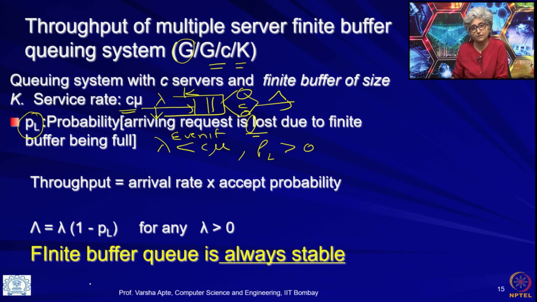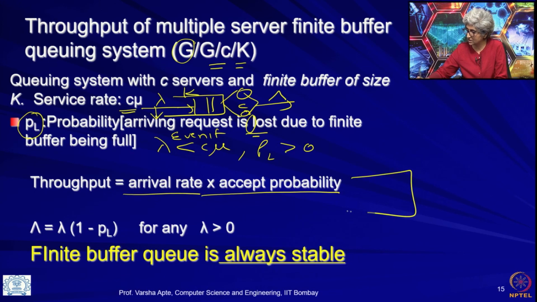So, for finite buffer systems, how do we define the throughput? It is a very simple definition. It is the arrival rate multiplied by the probability that you can actually get into the system, because once you come into the system you are going to leave. There is nowhere else the requests have to go.